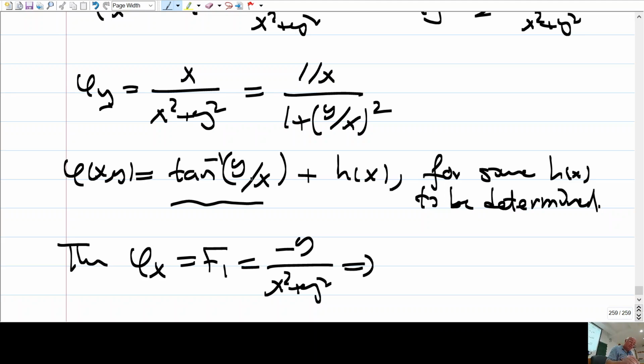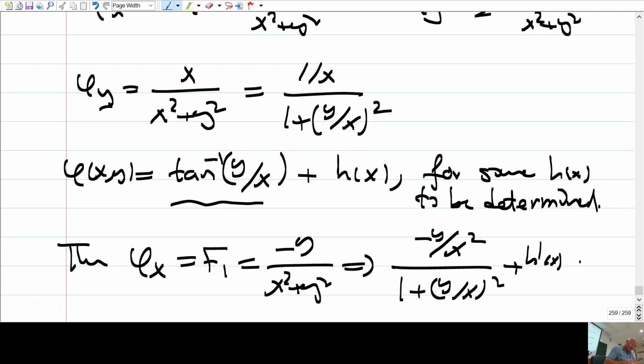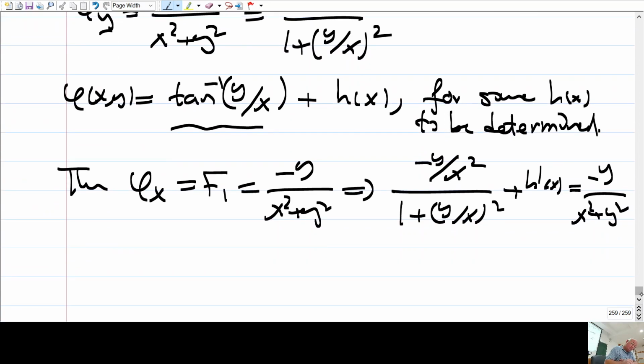The derivative of the inside with respect to x, minus y over x squared, divided by the derivative of tangent, that is 1 over (y over x) squared, and what should this be equal to? Pardon. Plus h prime of x, and this should be minus y over x squared plus y squared.